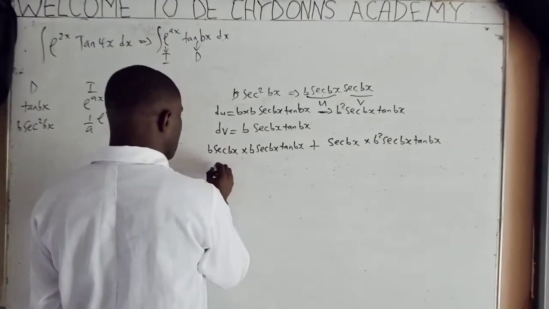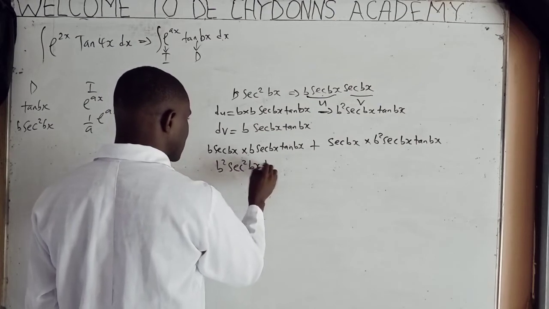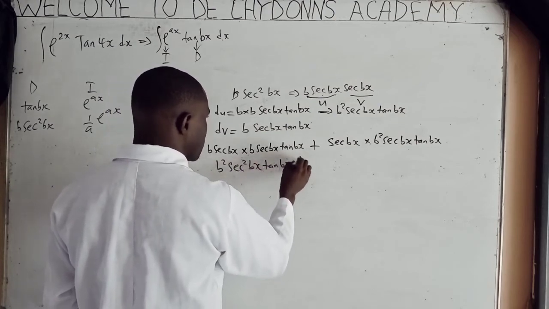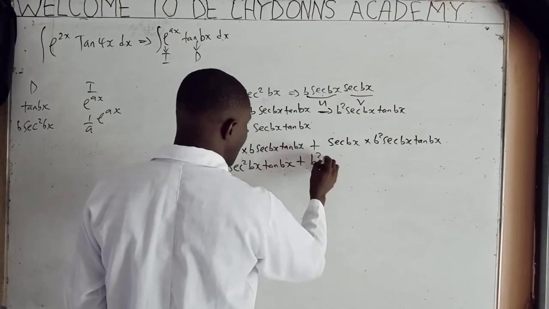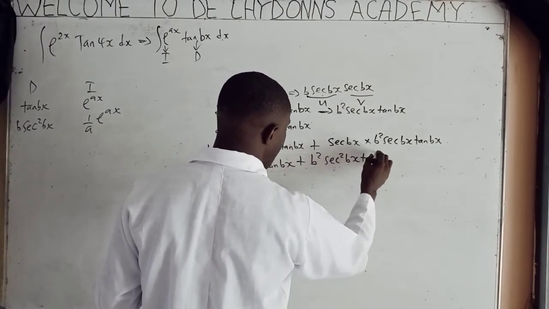Okay, this will be giving you b square sec square bx tan bx plus b square sec square bx tan bx.